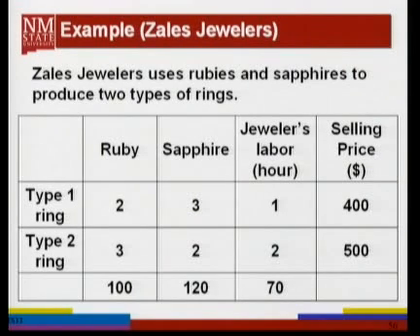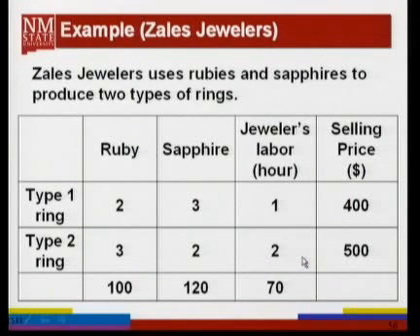The type 1 ring requires 2 rubies and 3 sapphires, and 1 hour of jeweler's labor. Likewise, the type 2 ring requires 3 rubies, 2 sapphires, and 2 hours of jeweler's labor.